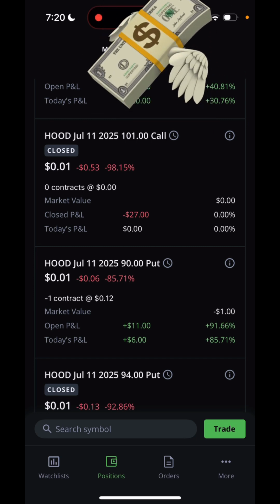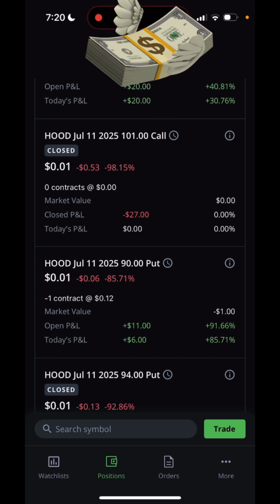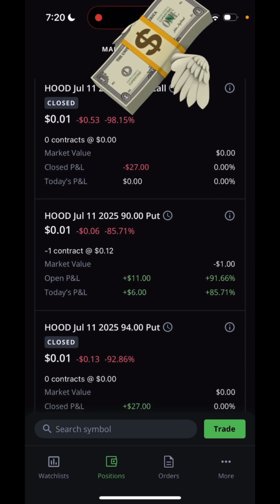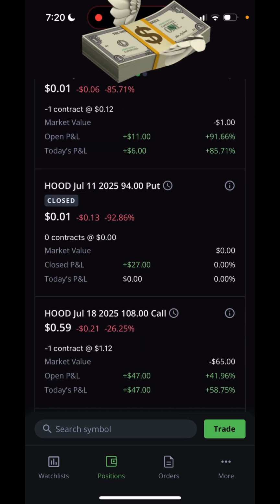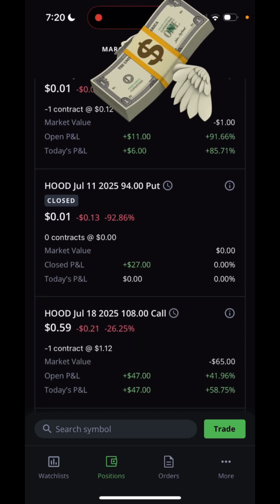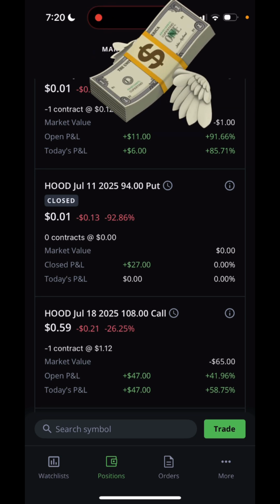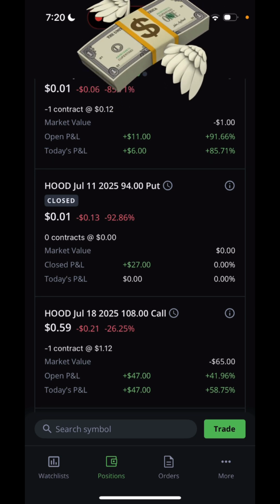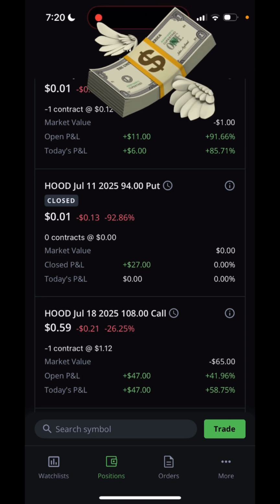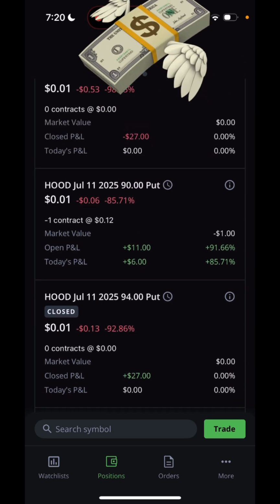I ended up rolling it up and out, until next week for a 108 strike. You can see down at the bottom, we received $112 in credit, and we are now up about 41% on that. So possibly early next week we can close this out for a profit.